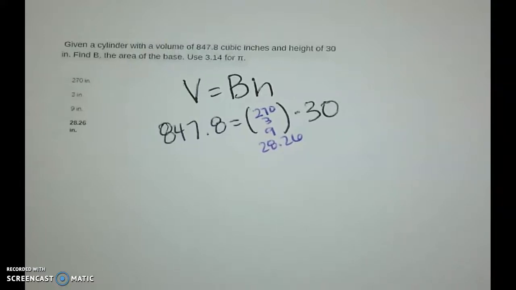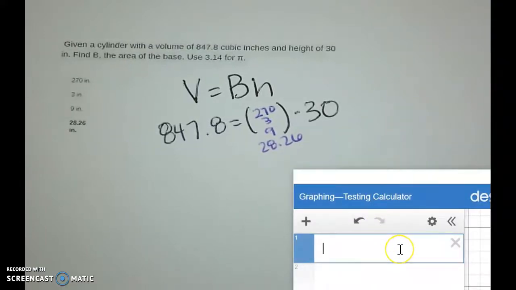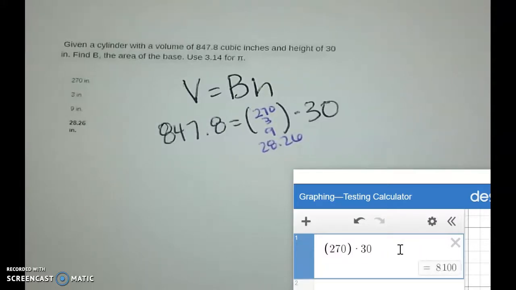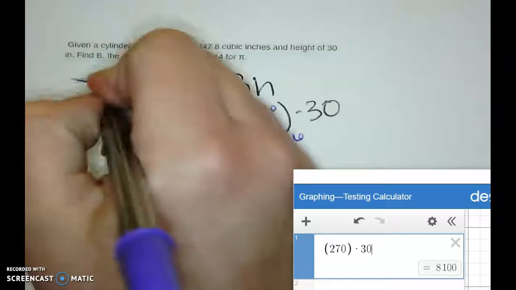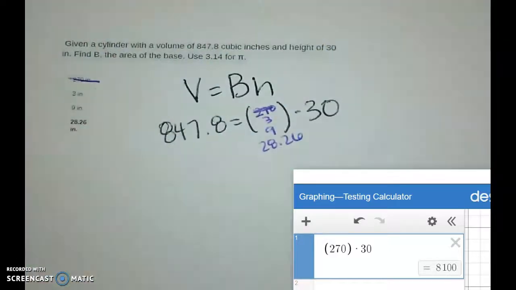So what that looks like is this. I'm going to open parentheses. I'm going to type the first one, 270 times 30. That is not, this 8,100 is not 847.8. So it's not 270. Now, with Desmos, you can just back on up and type a new number. So we're going to try 3.